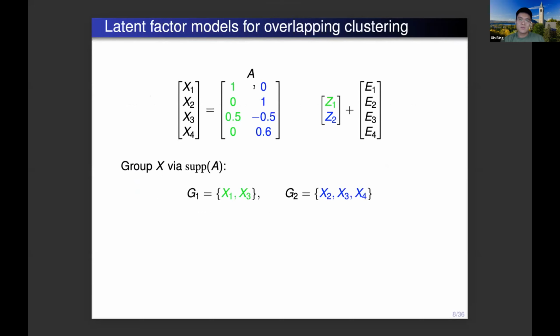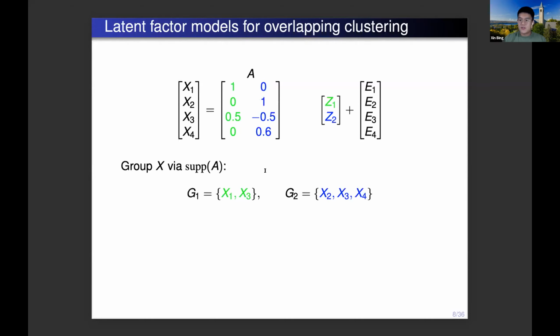For the first group, we look through the first column of A to see which of those X are associated with Z1. Obviously, in this example, group 1 contains X1 and X3. Similarly, group 2 contains X2, X3, and X4, just by looking at the support of the second column of A. This is how we would like to use this latent factor model to cluster the observable features.